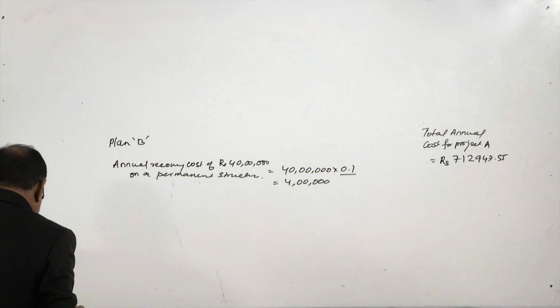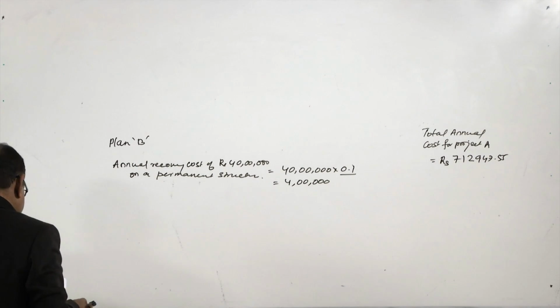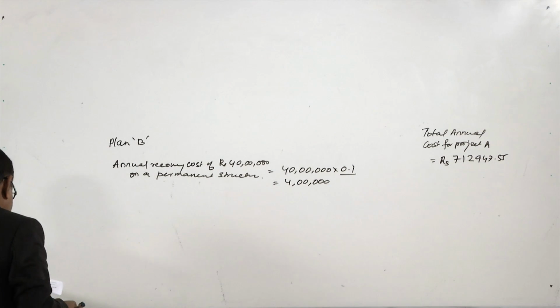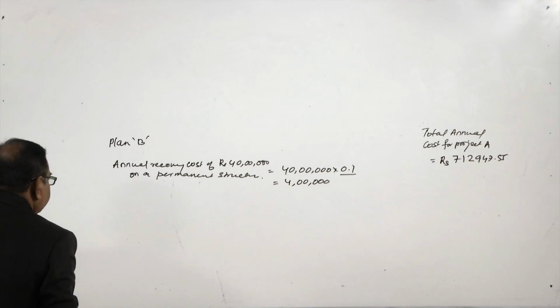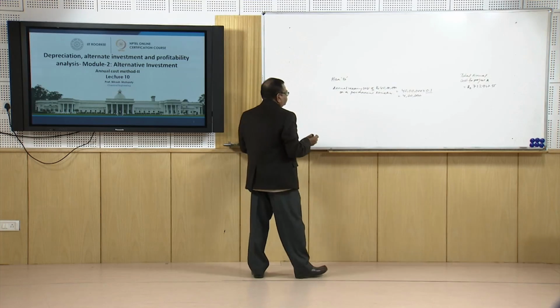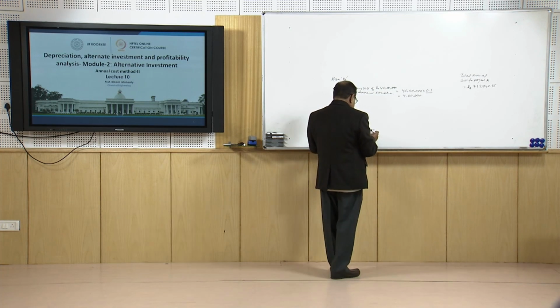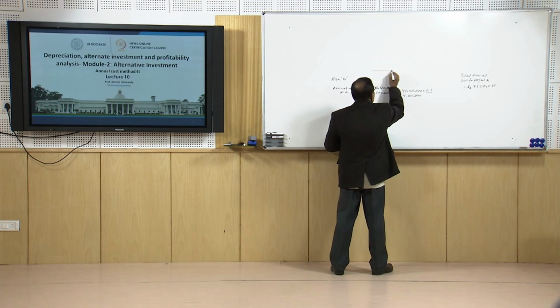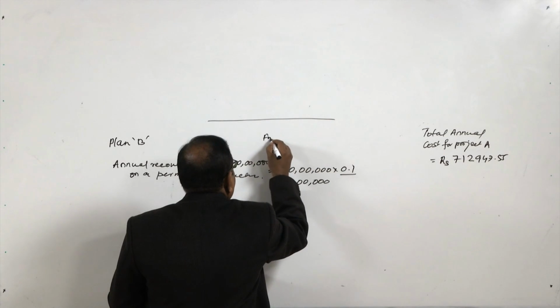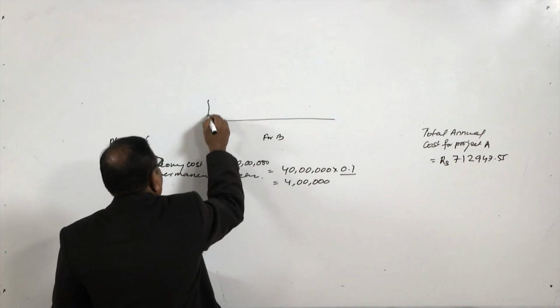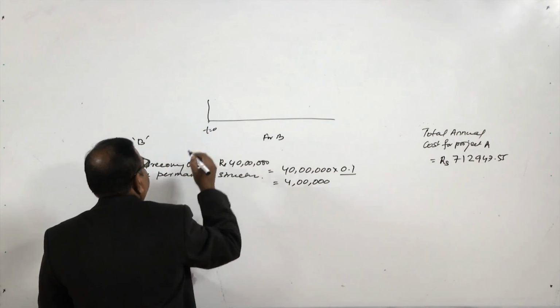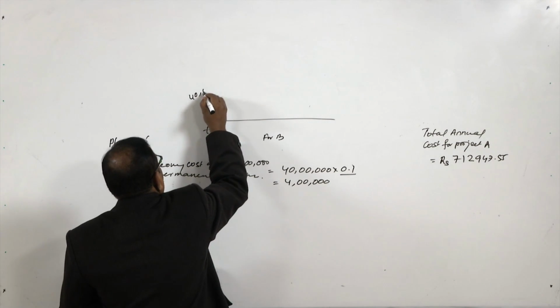Now, if you see the timeline for B, at t equal to 0, we are investing 40 lakhs.